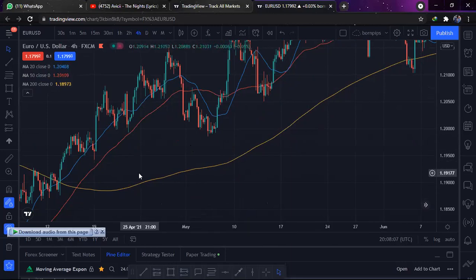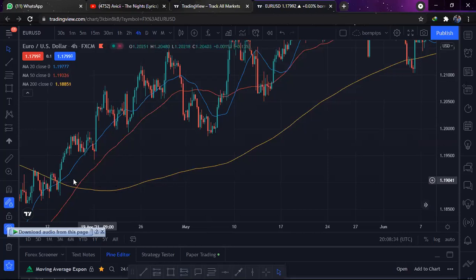Before you look for buy opportunities, first rule, watch if the 20 moving average, which is the blue, has crossed above this yellow. As you can see, the 20 has crossed above. The second, has the 50 also crossed above the 200?